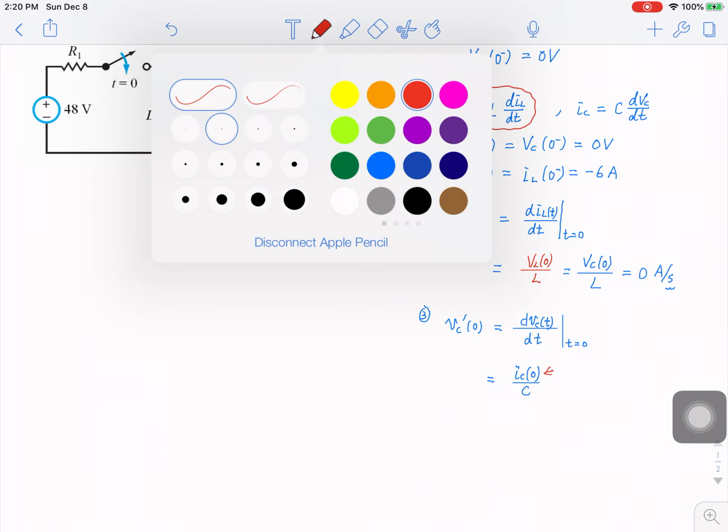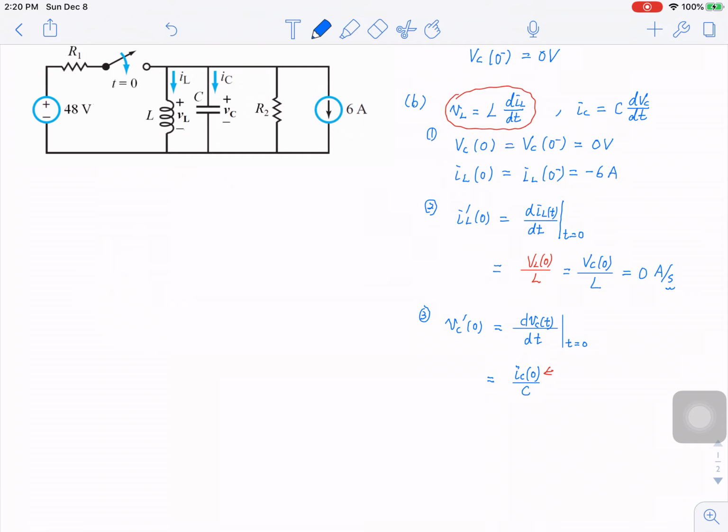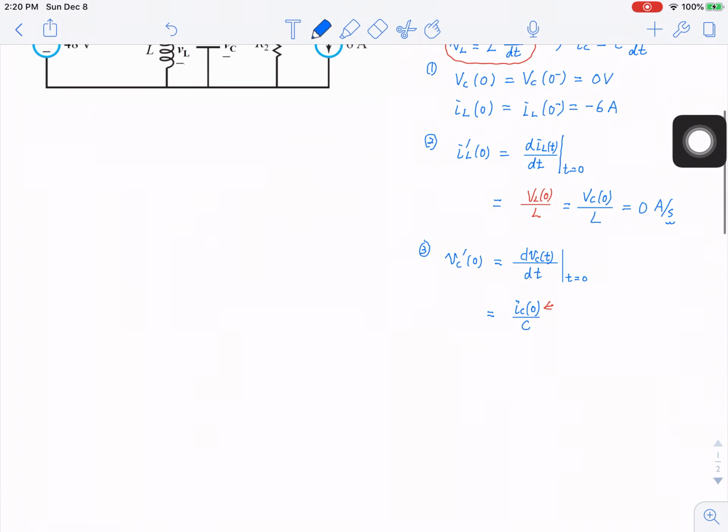So again, from the lecture notes, you know that IR(0) plus IL(0) plus IC(0) is equal to IS. And what is IR(0)?